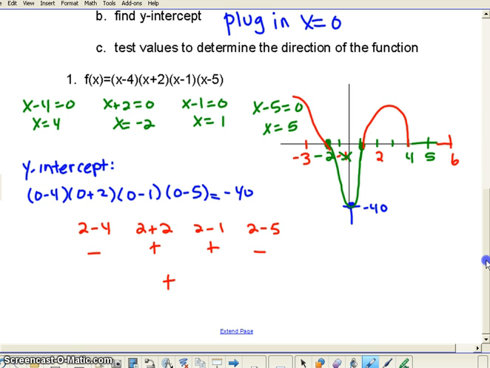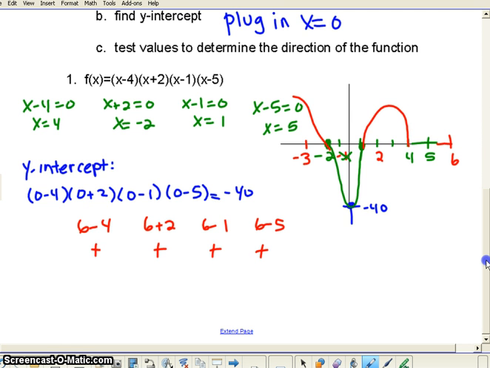All right, so it's going to cross 5. 5 is going to be a root, right? And then let's choose 6 here. Let's see what that's going to be. 6 minus 4 is positive. 6 plus 2, 6 minus 1, and 6 minus 5.